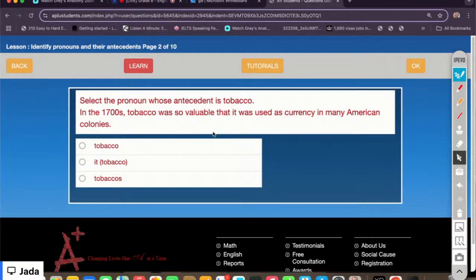So in the 1700s, tobacco was so valuable that it was used as currency in many American colonies. So what is this one? So it's it.